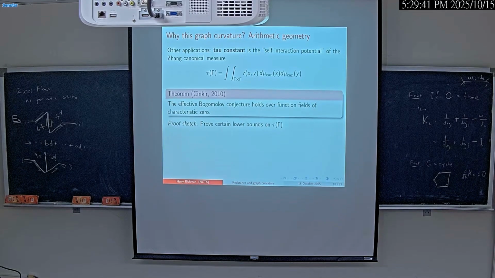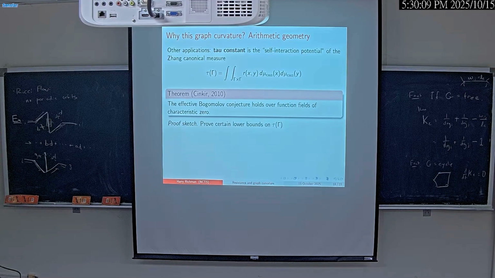Yes, and I think here too, I guess I'm running out of time, but these sorts of ideas to study properties of effective resistance are not only useful in applied math, but have also been used in certain results within arithmetic geometry as well. There's a famous conjecture within arithmetic geometry, the Bogomolov conjecture.